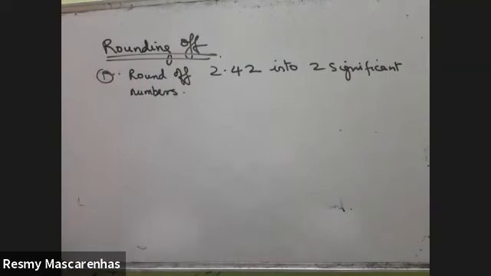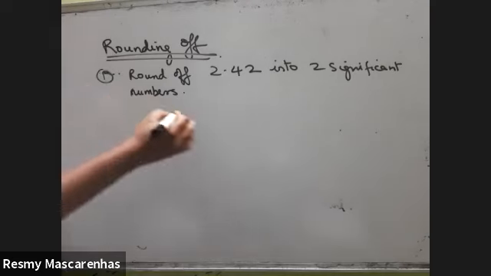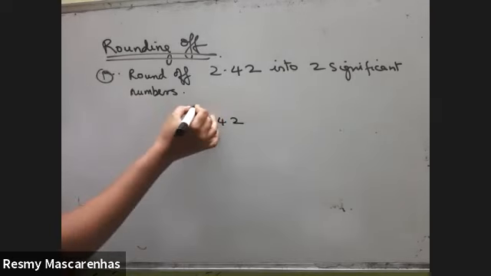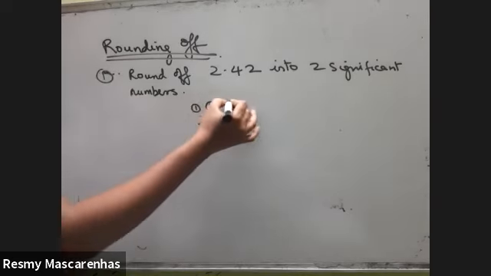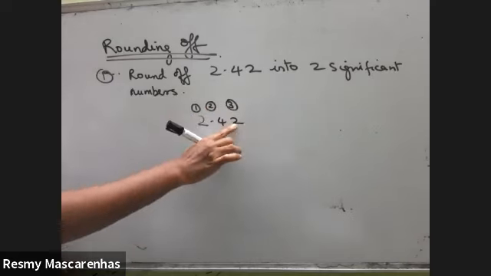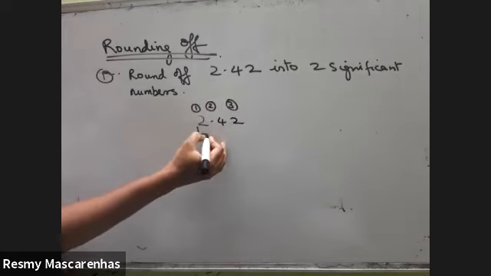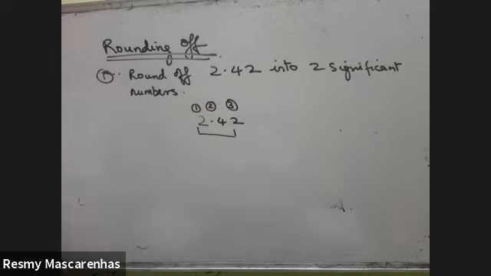I'm told I want to round off the number to 2 significant numbers. So first we have to check how many significant numbers there are. Definitely now you know that there are 3 significant numbers, and we always start from this side. 1, 2, and now up till how much do we want? Till this point.